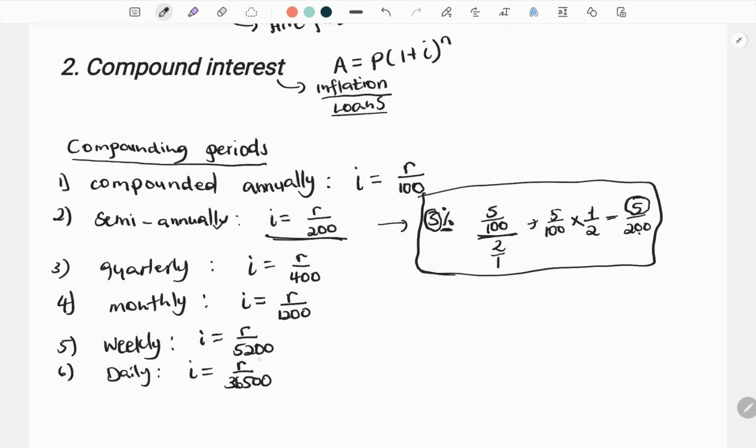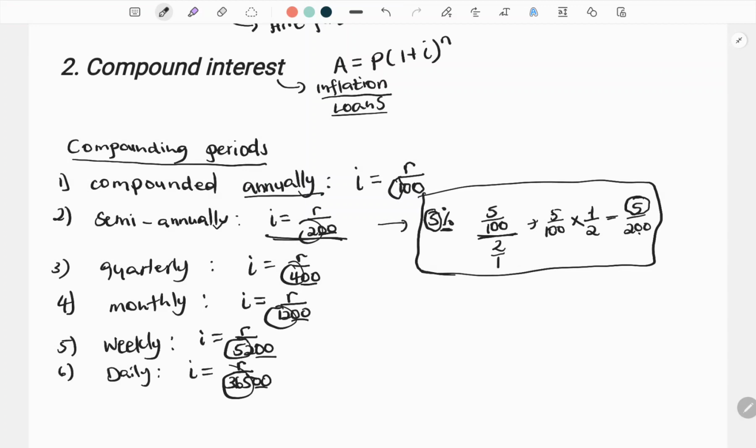You just put the 2 zeros after the number of periods: 2 semesters, 4 quarters, 12 months, 52 weeks, 365 days. And then 1 year, annually.